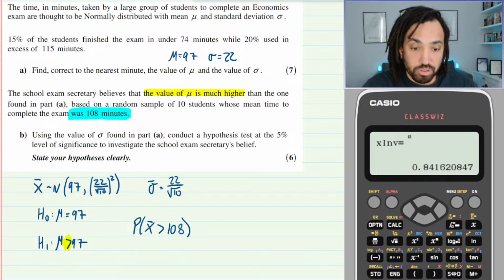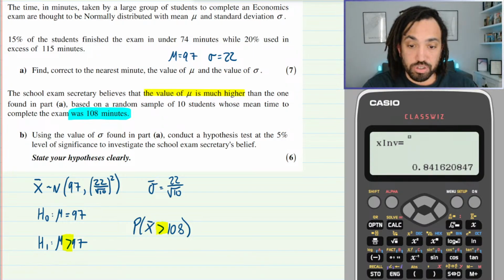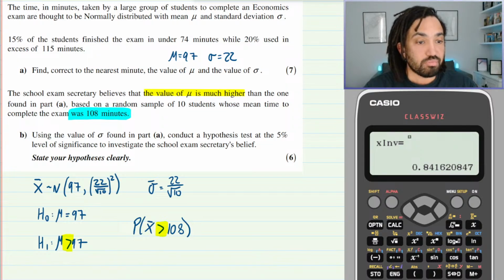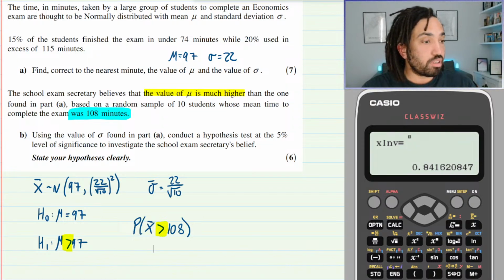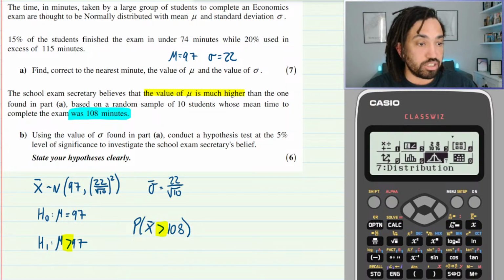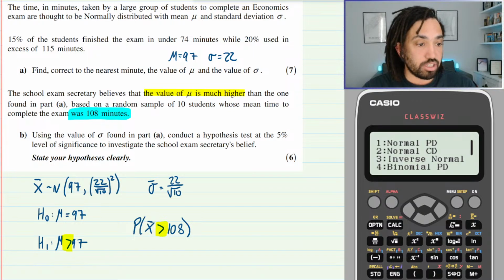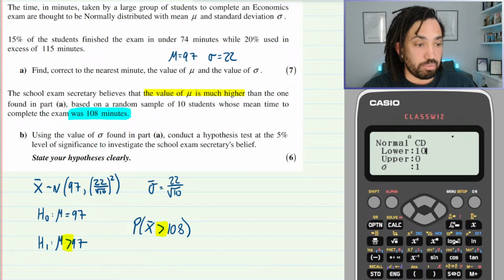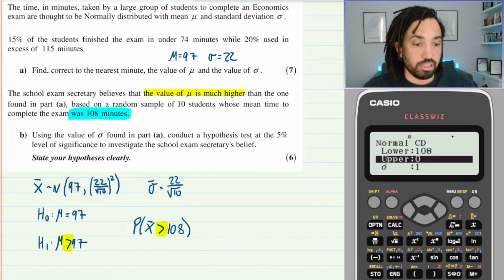Now remember, whenever you're doing normal hypothesis testing, whatever way this sign is pointing, that's the way you're going to have to do the probability that you find. Okay, lovely. Right, so let's go then. Let's go into distribution, into normal CD. And we want the lower to be 108 and the upper, a massive number.